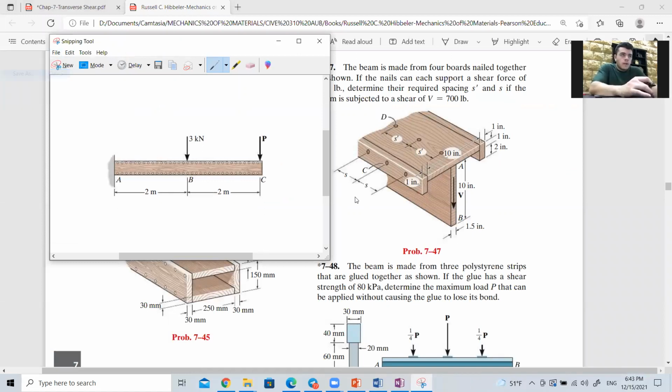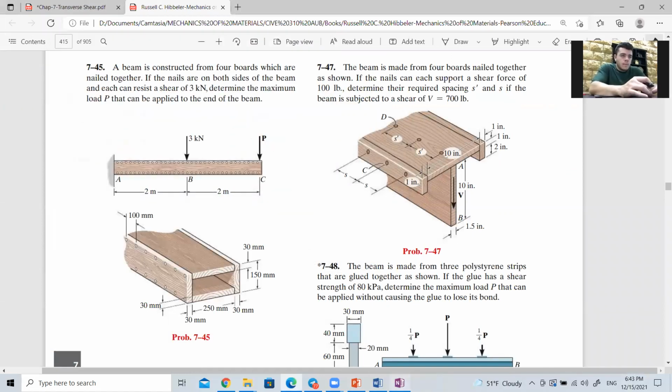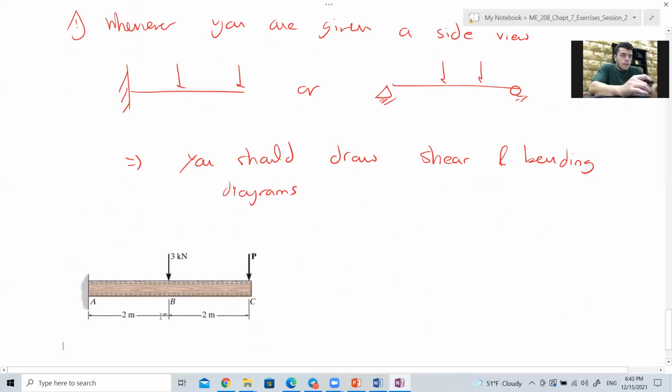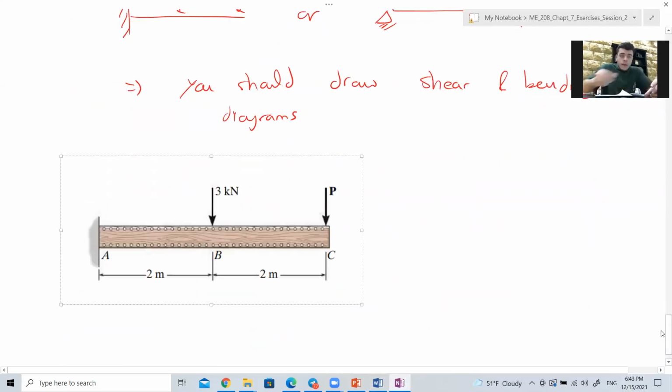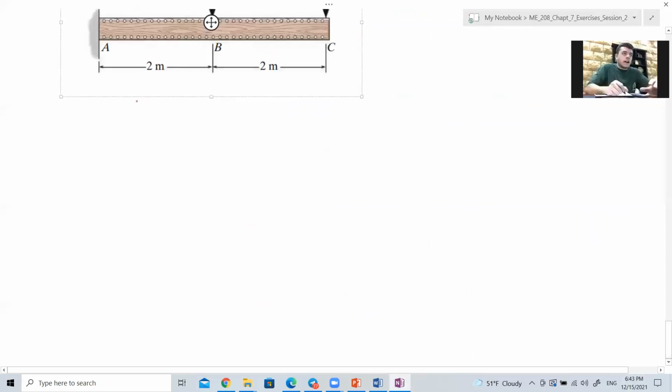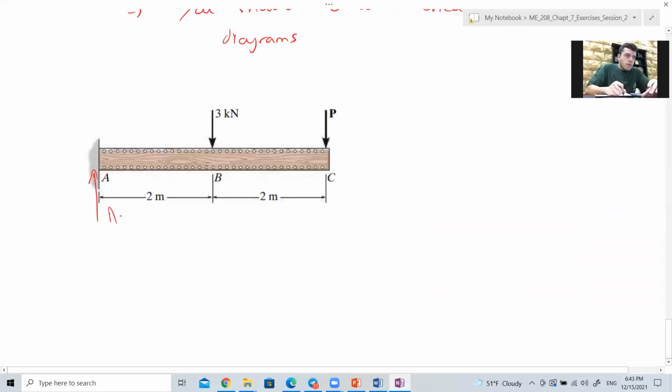So you have 3 reactions at the fixed wall. You have this beam and 3 reactions here: AY, AX, and the moment. Summation FX equals zero, so AX equals zero.